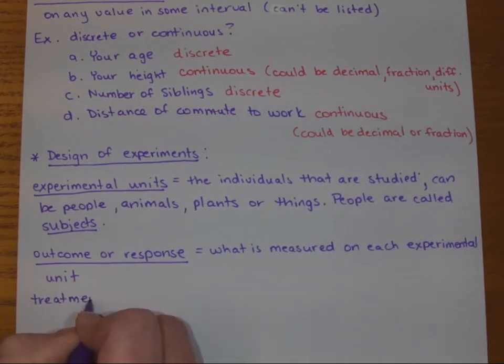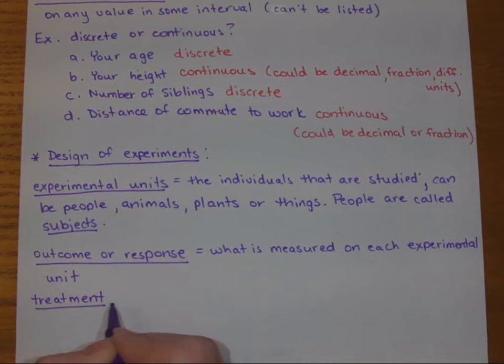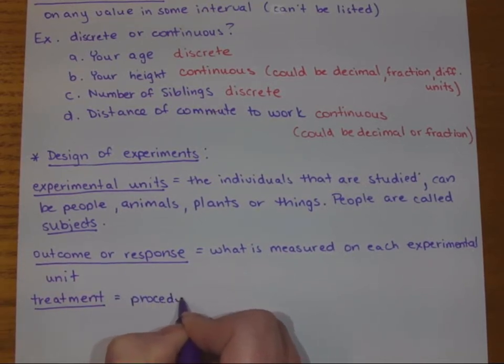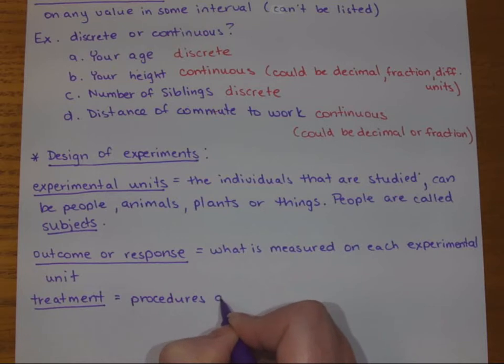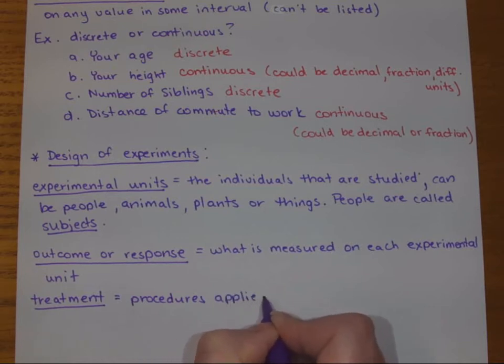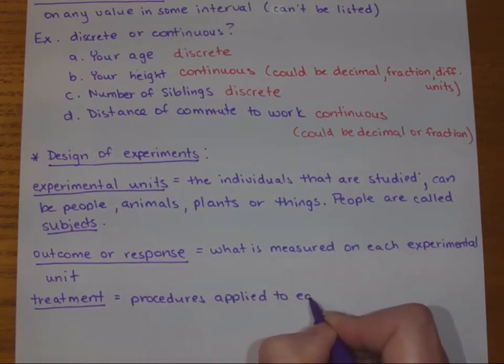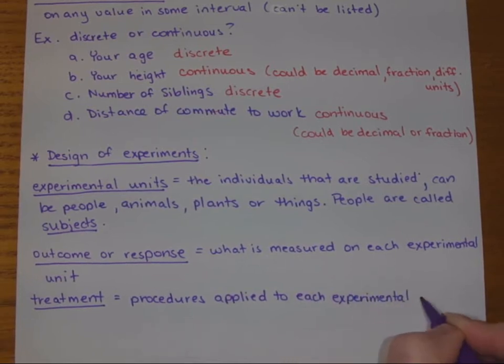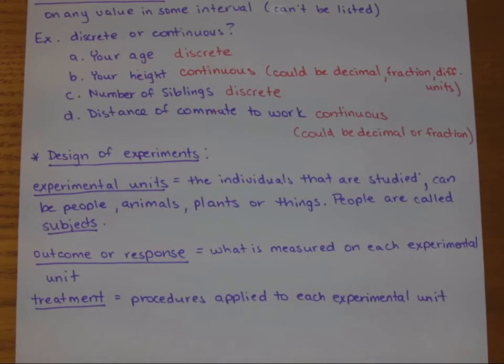So whatever it is that you're trying to study, the treatment is the procedure that is applied to the group being studied. So it's the procedure applied to each experimental unit. So in my medical example that I just gave, the treatment would be the giving of the medicine.